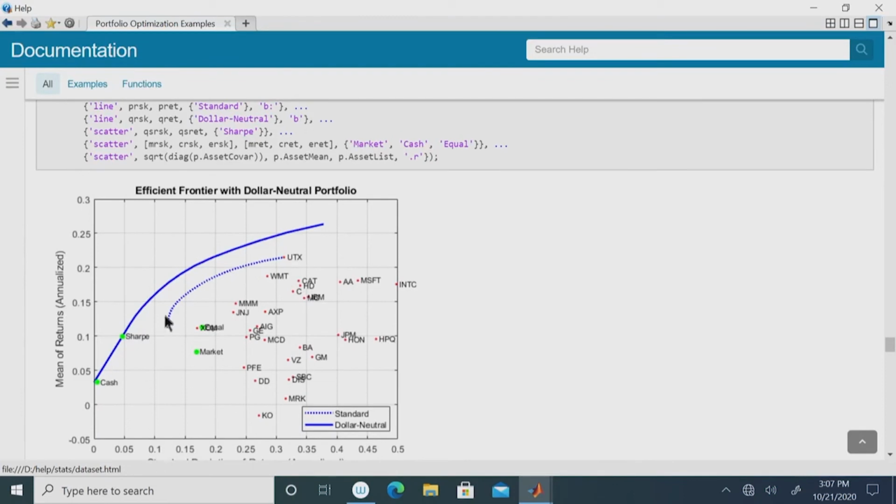This means you are consistently getting a better return compared to the standard efficient frontier, but of course, you have to recognize that obtaining this involves a higher level of risk.